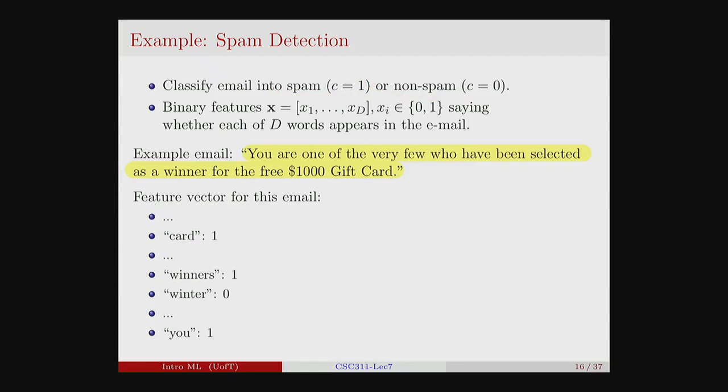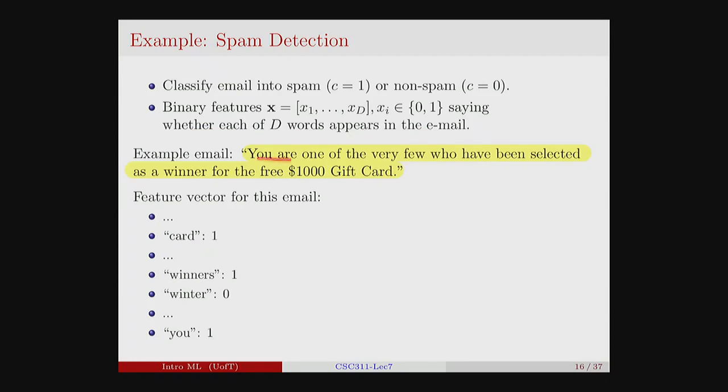And what we have are binary features, where we have a d-dimensional input feature vector, and each element of that d-dimensional feature vector is a binary number. So each xi is binary. And what it says is whether each of the d words appears in the email. So it's a one-hot feature encoding for the email itself.